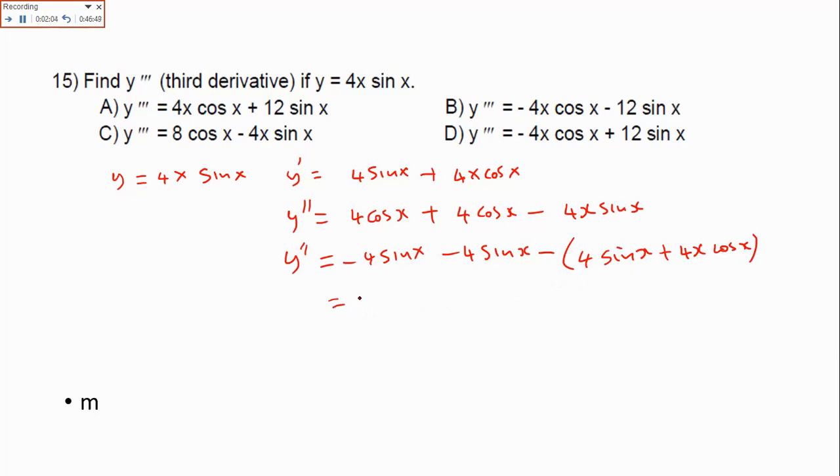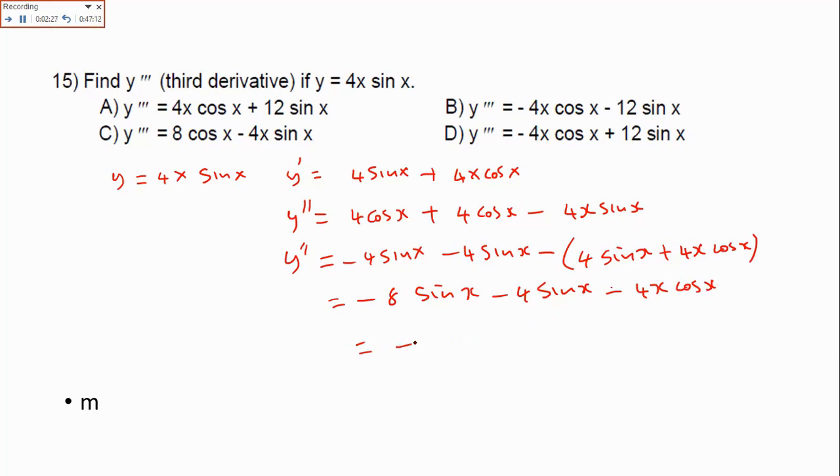Okay, so that's going to give us minus 8 sine x, right? And then minus 4 sine x, right? And then it's also minus, right? Minus 4x cosine x.